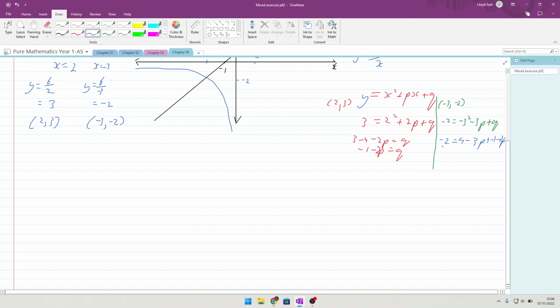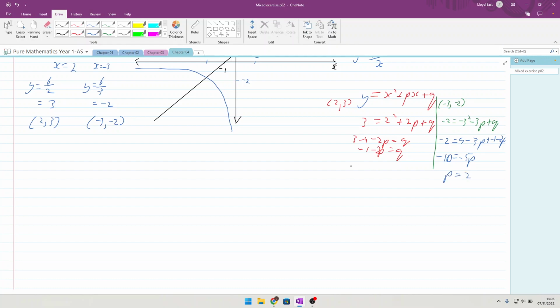Okay, so bring that 9 and -1 together, that's 8, and then -3p minus 2p. That -1 should come across, so that should become a 10, and then -2 should become -5. Okay, -5p, giving us p is equal to 2.